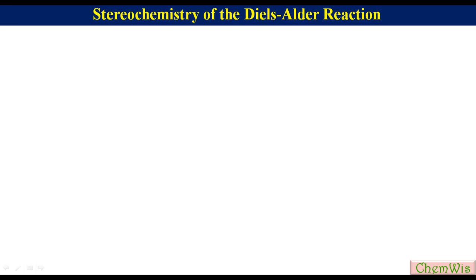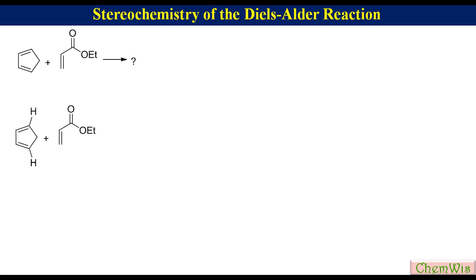Let's have another example in which cyclopentadiene reacts with ethyl acrylate to produce the Diels-Alder adduct. For better understanding, put the missing hydrogens at the termini of the diene. In this case, the outer groups in the diene are hydrogen atoms. So, Diels-Alder reaction will give an endoproduct in which hydrogen and ester group will be cis.